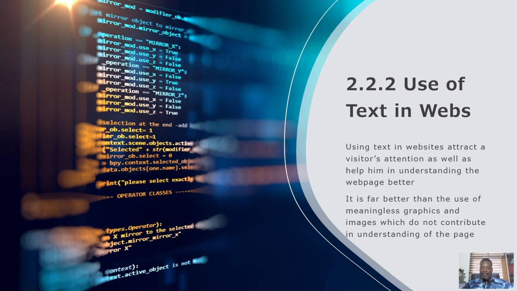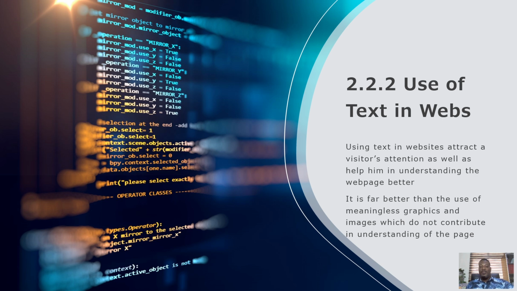So generally, when we talk about the use of text on the web, we're more centered on using text in websites. The whole idea is to be able to attract visitors' attention as well as to help the visitor understand the web page better. By doing this, it is very easy and very fast for people to appreciate what is being presented to them on the web.